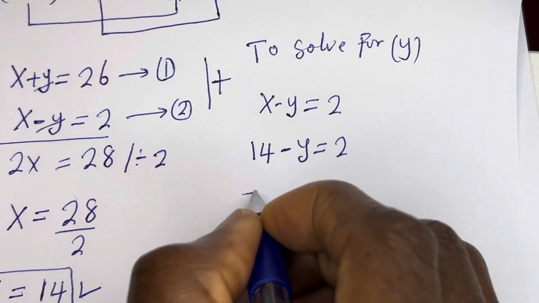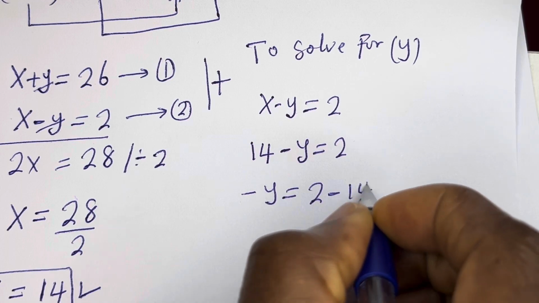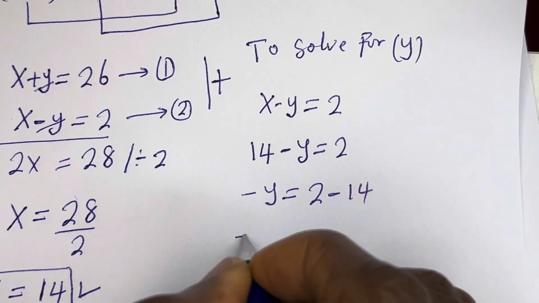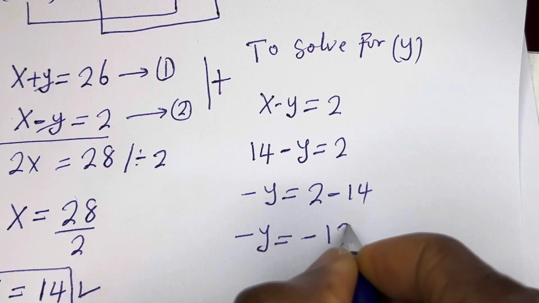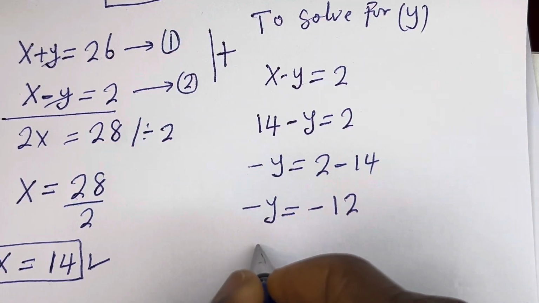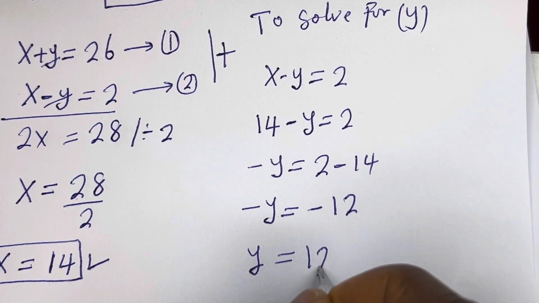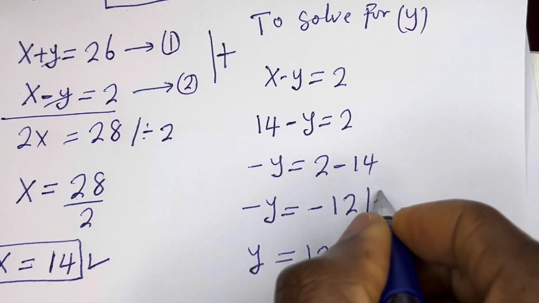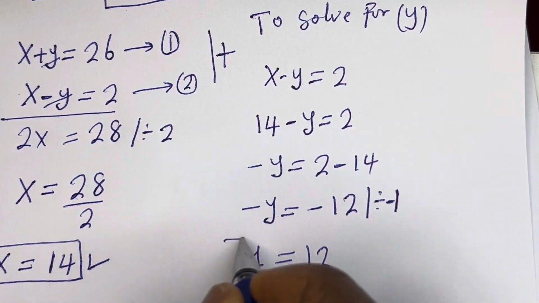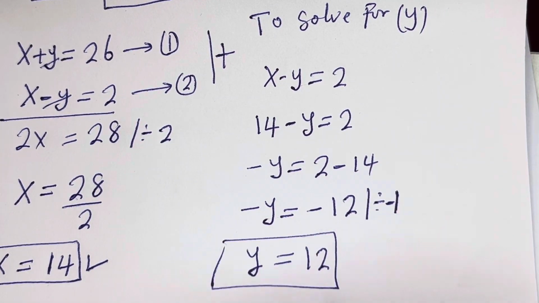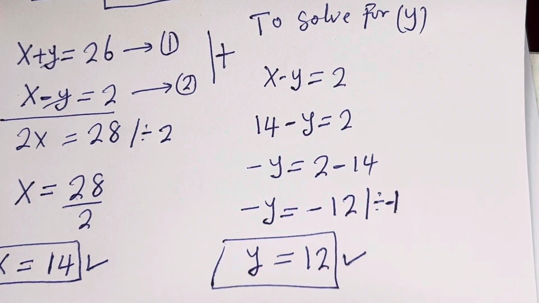We have minus y is equal to 2 minus 14. Minus y is equal to minus 12. Then y is equal to 12 if you divide all through by minus 1. So this is the value of y, which is also accepted because it's a natural number.